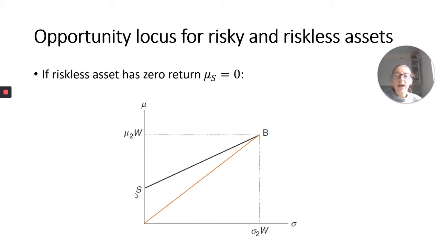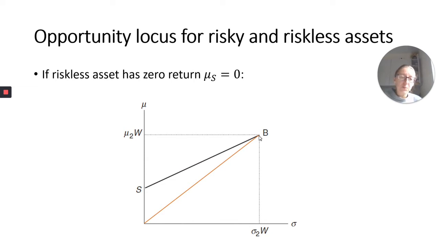The line SB represents the possible combinations of our investment portfolio. The point S represents all our investment being in the riskless asset S. That's why the risk is equal to zero. So it gives us a positive return.